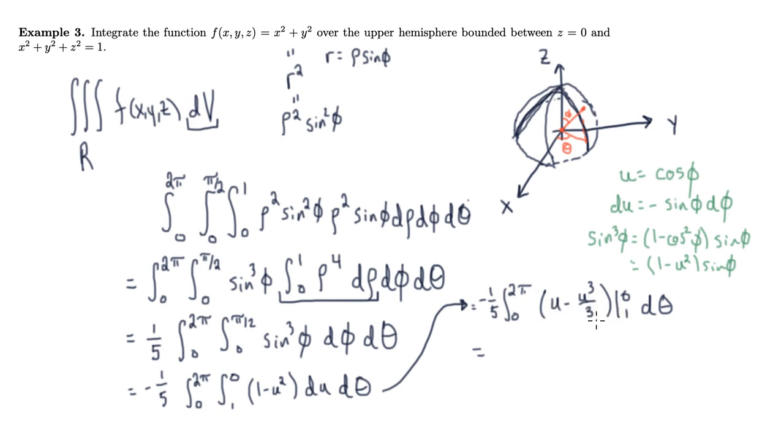So that's just 1/3 minus 1, which is negative 2/3. But that's great because that'll multiply out here and give me a 2 over 15. So negative 2/3 times negative 1/5 gives me 2 over 15. And now all I'm left with is this theta integral, which is constant. So I just pick up a factor of 2 pi, and I get 4 pi over 15 is the value of this integral.